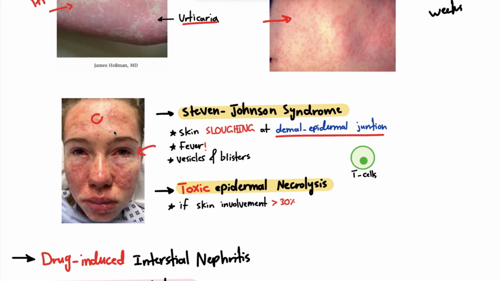They have a lot of blisters and vesicles, and when it's Stevens-Johnson syndrome, we typically have an involvement of the skin that is less than 10%. If it exceeds 30%, we call this toxic epidermal necrolysis. And if we have it somewhere between 11 to 29%, we say that this is overlap between the two syndromes.